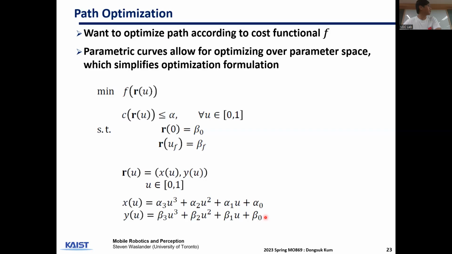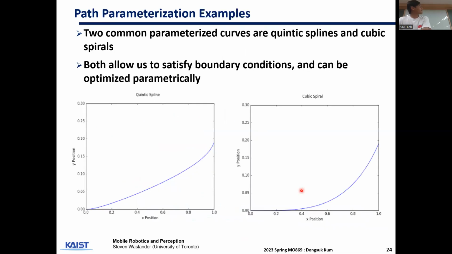And this is an example of the type of parametric curve that you can use, the previous cubic spline. Common parameterized curves include quintic splines as well as cubic spirals. Both allow us to satisfy boundary conditions, and they can be optimized parametrically.